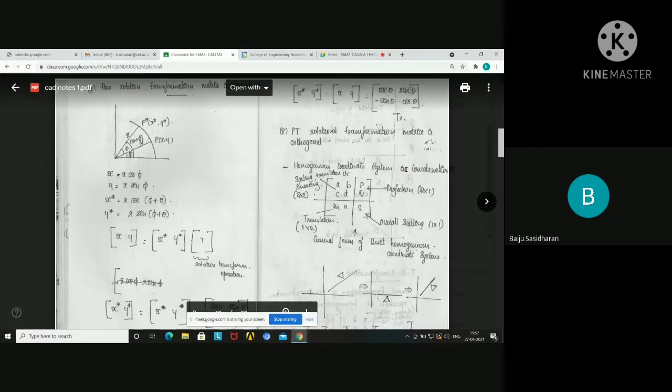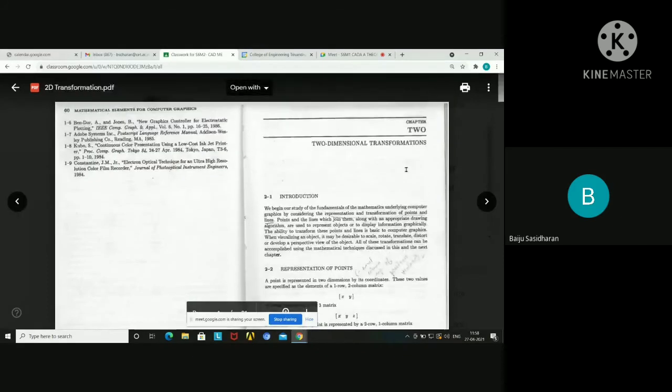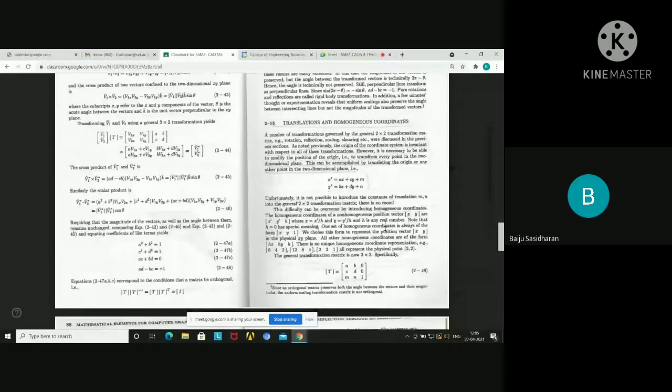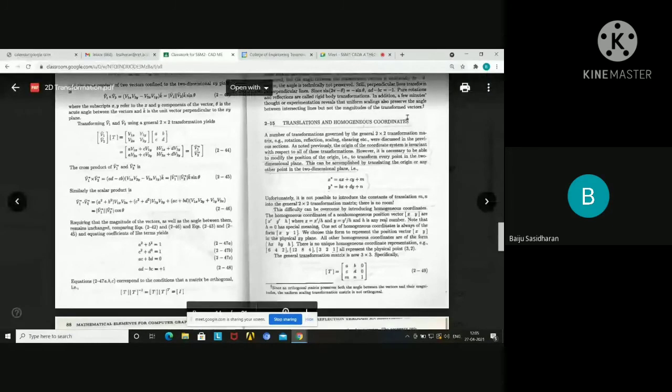Such a system is known as the homogeneous coordinate system. So this is a copy of the textbook Mathematical Elements of Computer Graphics by Rogers. Next one is transformation in the homogeneous coordinate system. I think you can see the heading here.